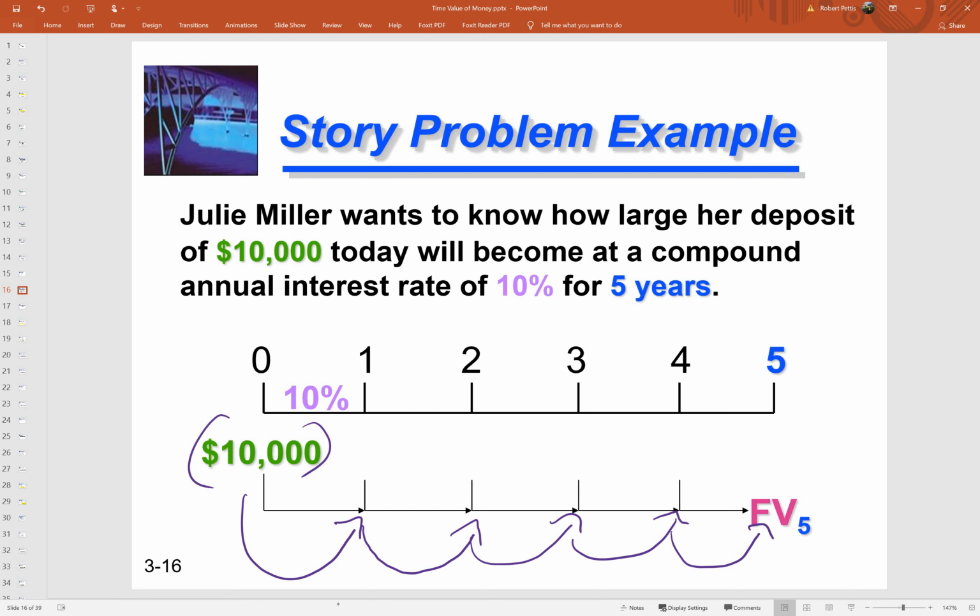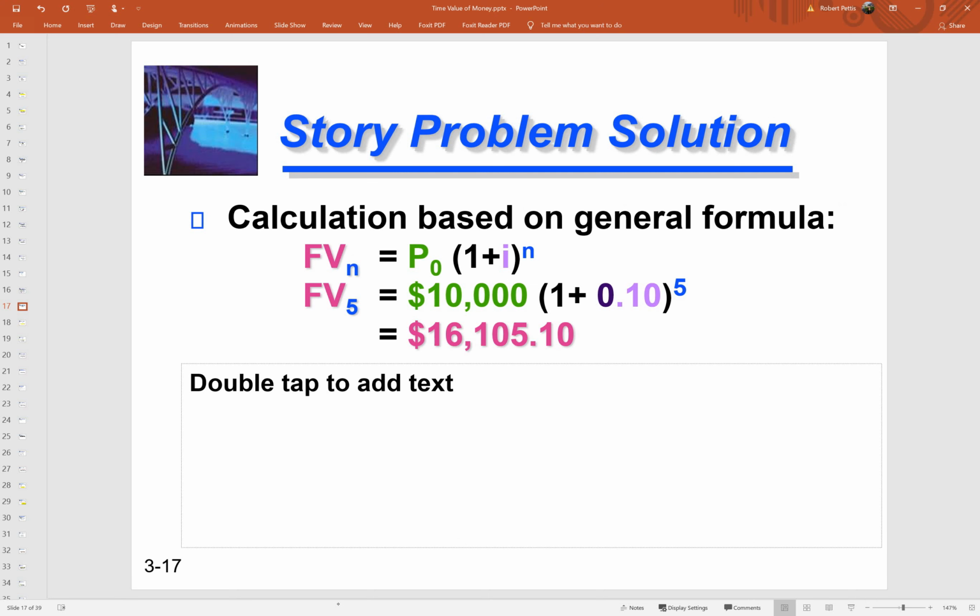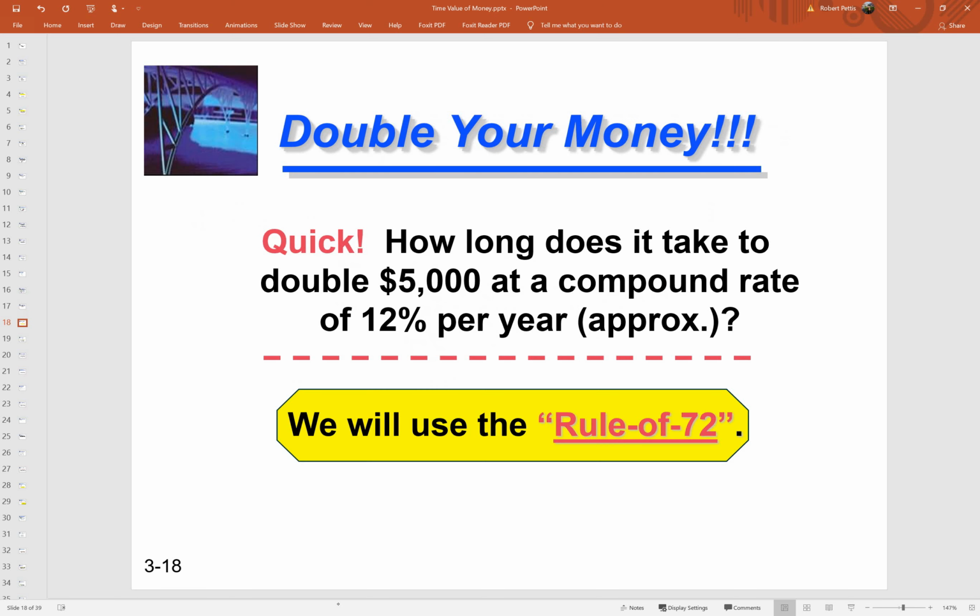So what she would end up with is 10,000 times 1.1 to the 5th power. If we multiplied that out, we would have $16,105.10. That's really all there is to using compound interest to find a future value.